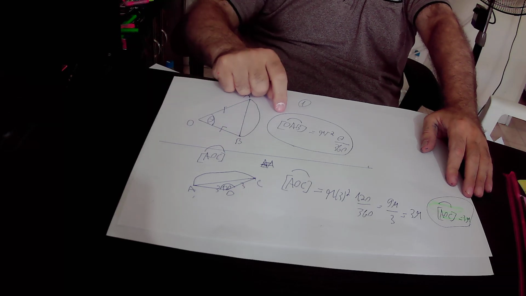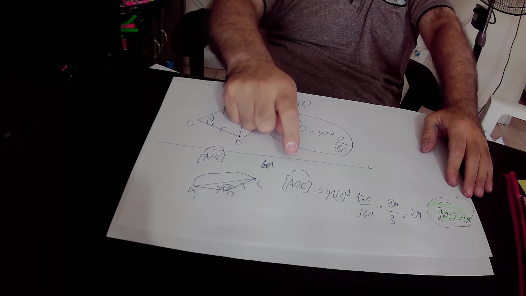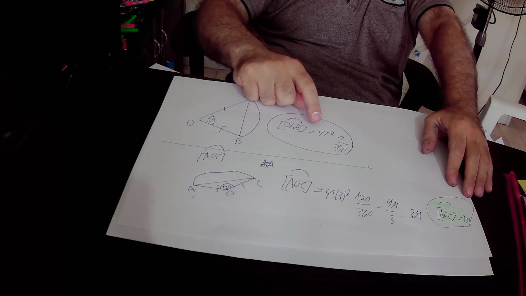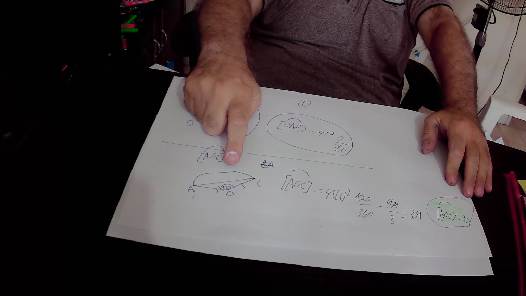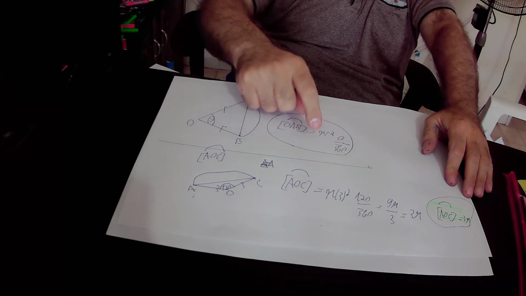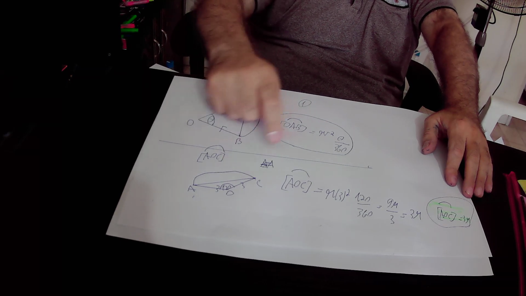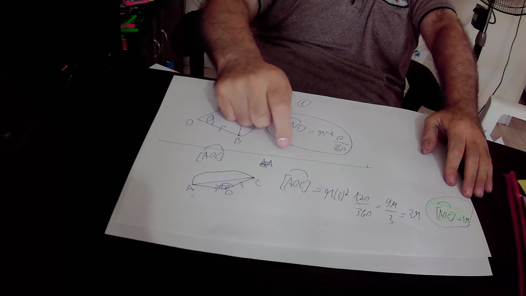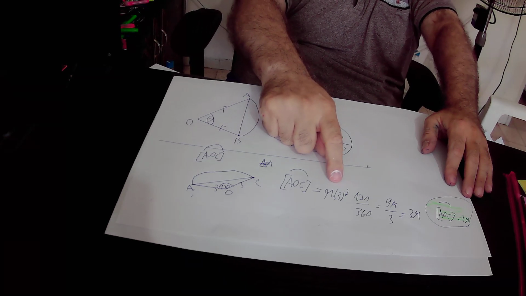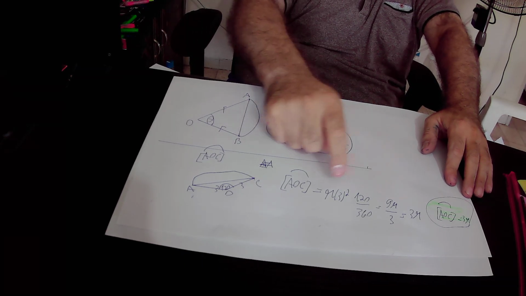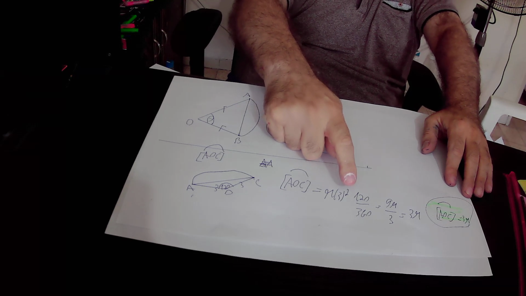So according to this formula, the area of sector AOC will be equal to pi r squared. R is 3, so pi r squared is pi times 3 squared, times the angle between the legs, 120 degrees over 360 degrees. 3 squared is 9, so this is 9 pi, and 120 over 360 is 1/3.